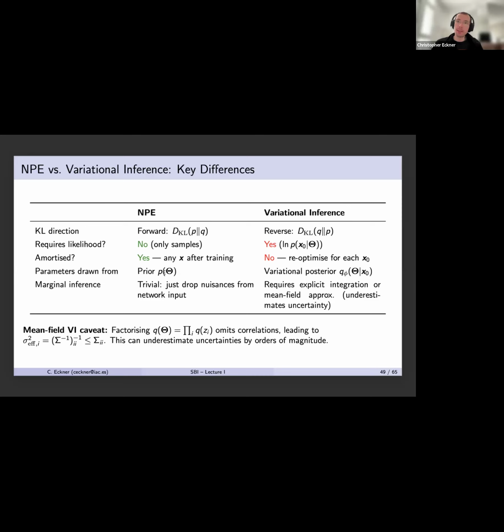There, even if you marginalize over the parameters that you don't care about, you still retain their correlation, kind of implicitly, because you implicitly learn the likelihood, because you train on the full joint and the full simulation. All right.